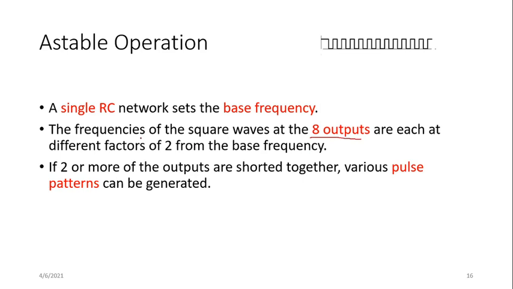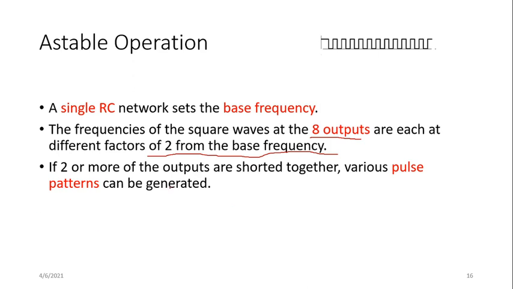The frequencies of the square waves at the 8 outputs are each at a different factor of 2 from the base frequency. So you are dividing the base frequency by 2 every time for the next output. So 8 different outputs are there, and for every next output you have half the frequency. Time is doubled and frequency is half.